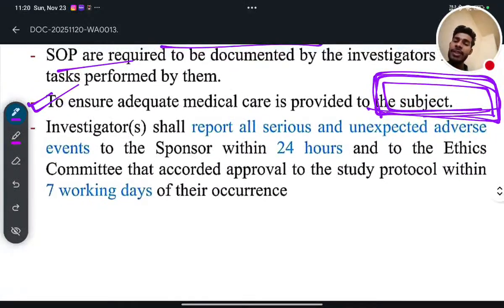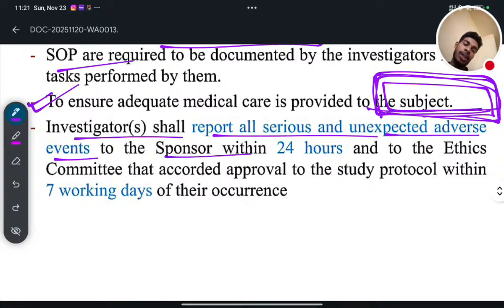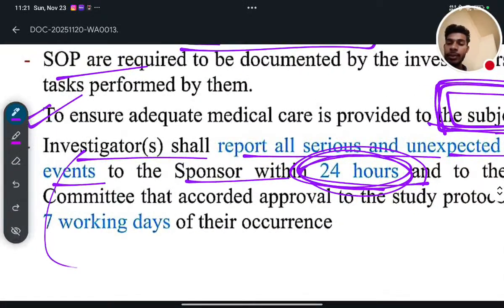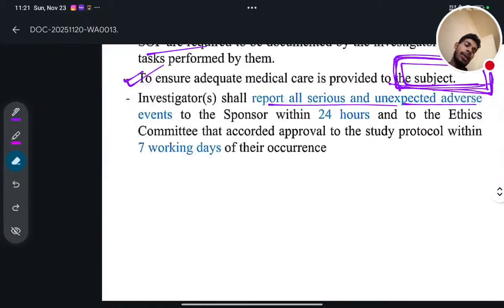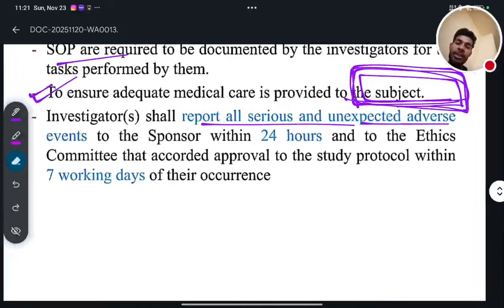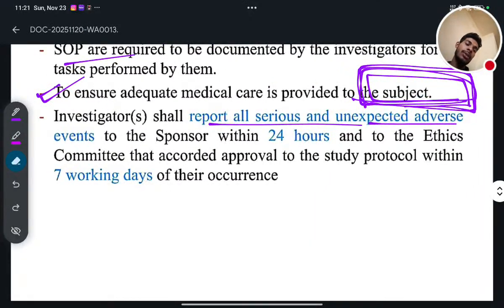Okay, next, the investigator shall report all serious and unexpected adverse effects to the sponsor within 24 hours. Investigator will inform whom? Investigator will inform the sponsor. When? Within 24 hours. So you have to remember that. And to the ethics committee that accorded approval to the study protocol within 7 working days.